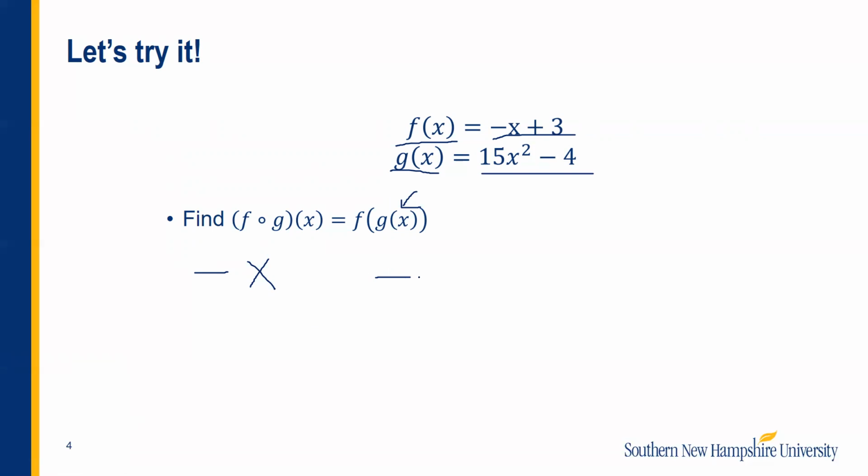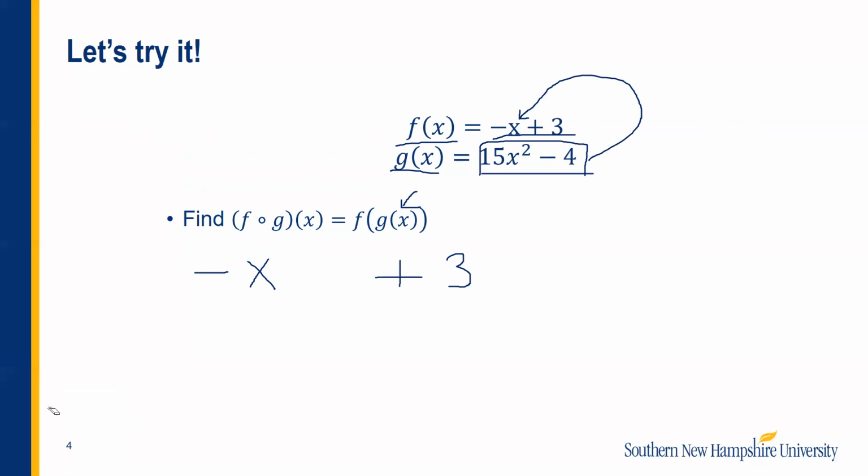Negative x, and then I write the plus really far over, because that x is going to disappear. That x is being replaced. It's no longer x, it's actually going to be the entirety of g. G is going to become a substitute for our x. It's going in there instead.